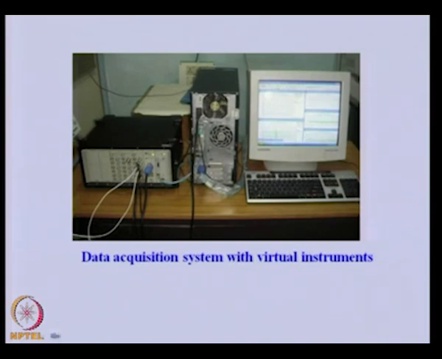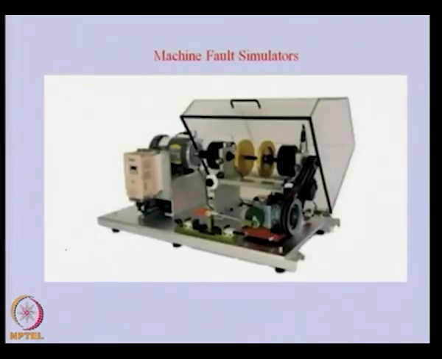We can see the signal using this kind of virtual instrument, and sometimes, to pinpoint what kind of fault is giving what kind of signatures and what kind of frequency, this kind of laboratory instrument we can develop or fabricate, in which there are various rotating components, like this rotor with 2 discs, a belt pulley arrangement, a gearbox, and a reciprocating mechanism.